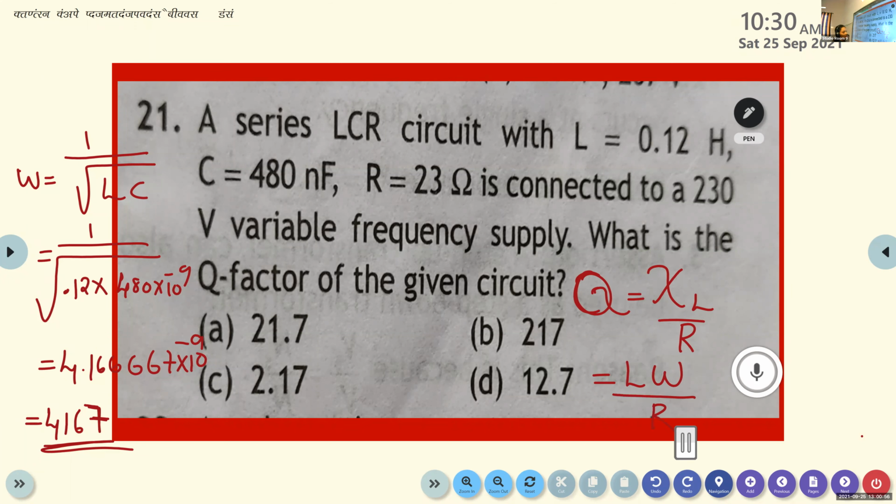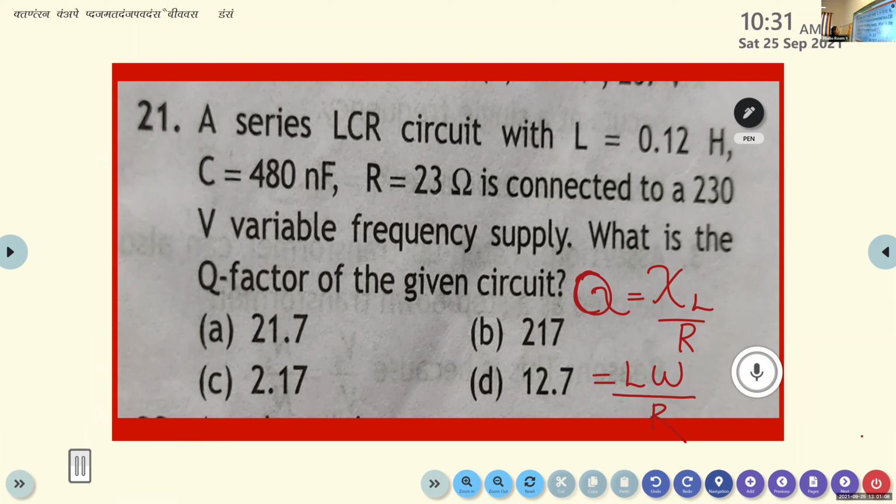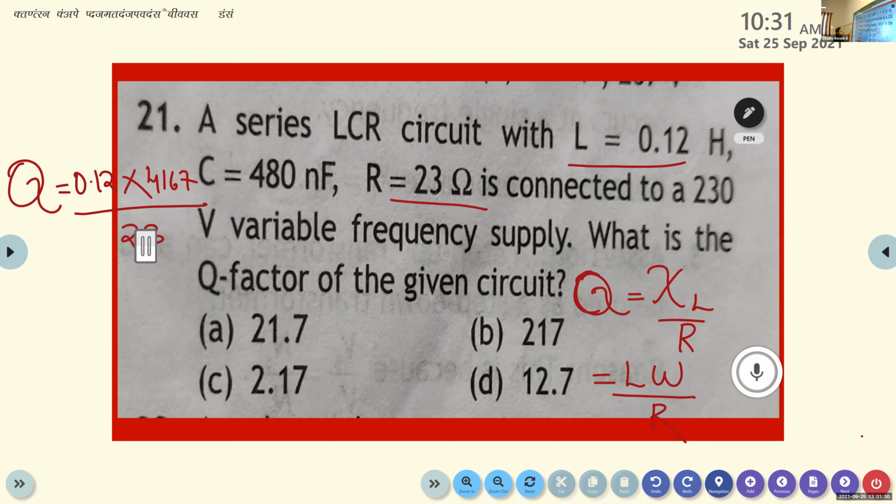Q factor, Q is equal to X_L by R, that is equal to L omega by R. So Q is equal to the value of inductance, given as 0.12, into omega. Omega is 4167, divided by the value of resistance, 23. Find the Q value. 0.12 into 4167 by 23.